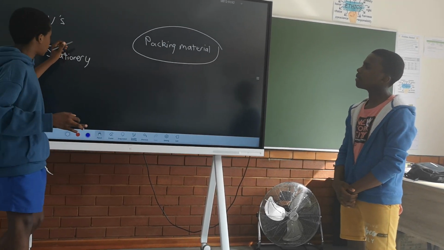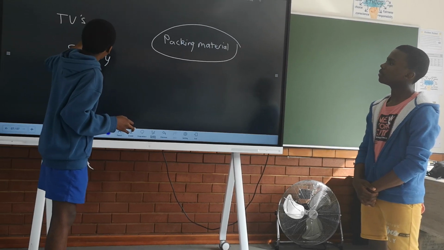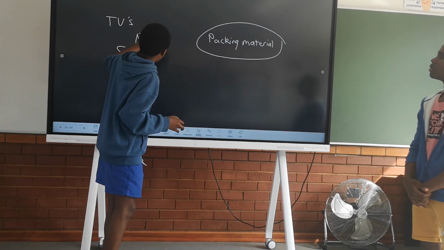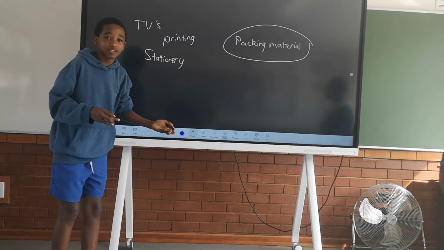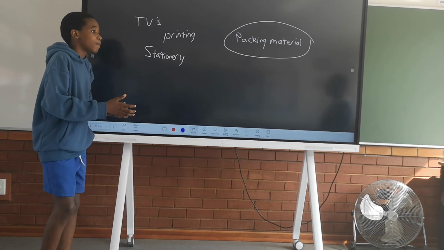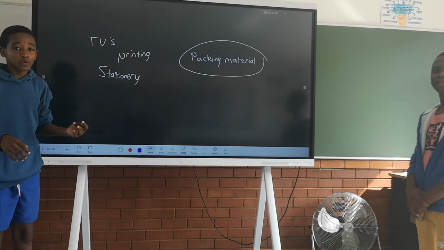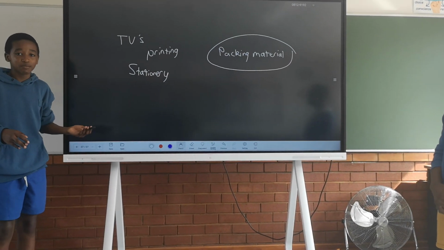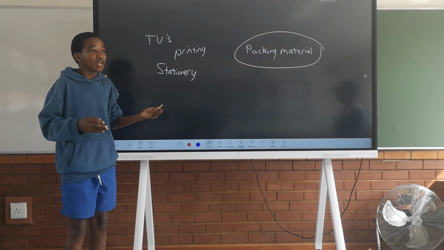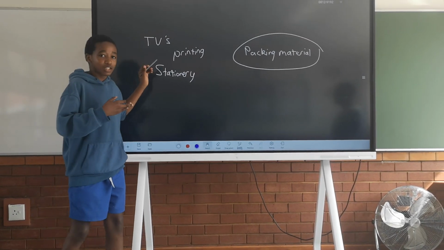Also, it can be printing for the paperwork that has to be done. But there are various examples. What about wages? Wages are also an expense. Wages and salaries, because you cannot have workers but not pay them. But paying them will not help the business in any way. So it's the daily running cost of having a business.